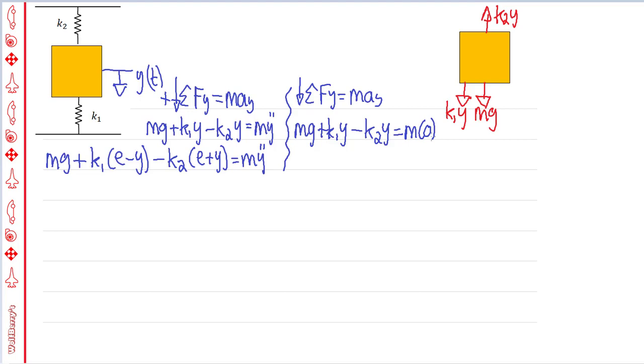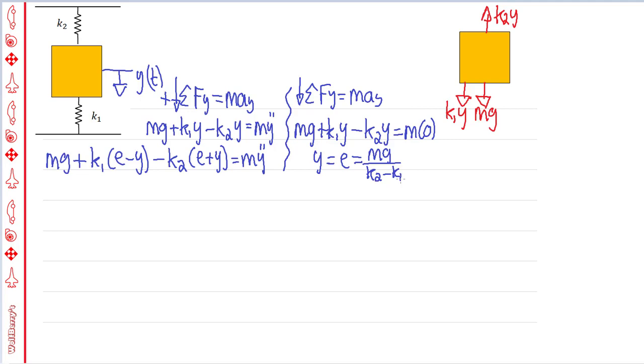Rearrange that equation, make y the subject, a little similar to what we did in the last video. So if you're not sure, have a look at all the steps we did there. In the end, you'll have y, which is equal to your extension, is equal to mg all divided by k2 minus k1.